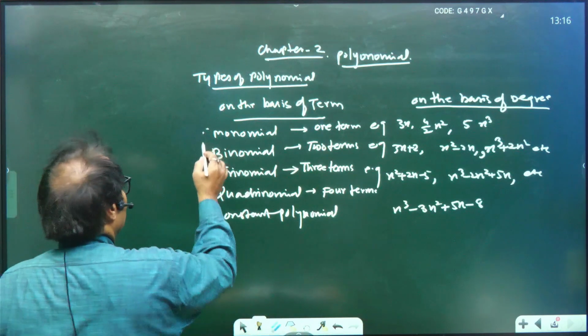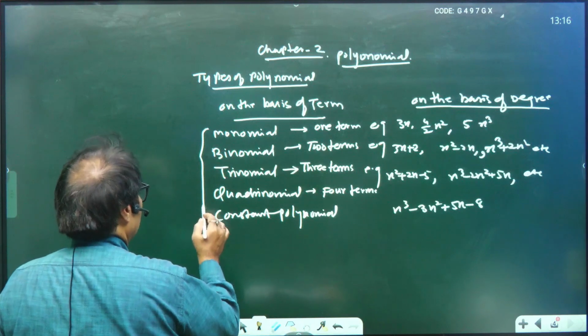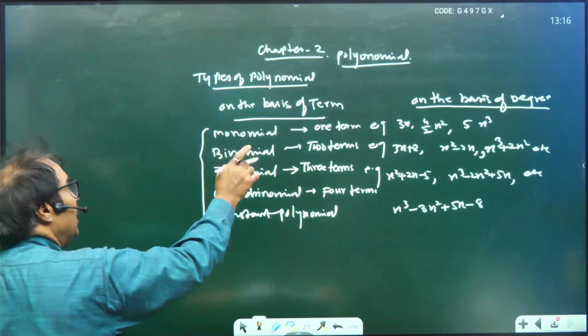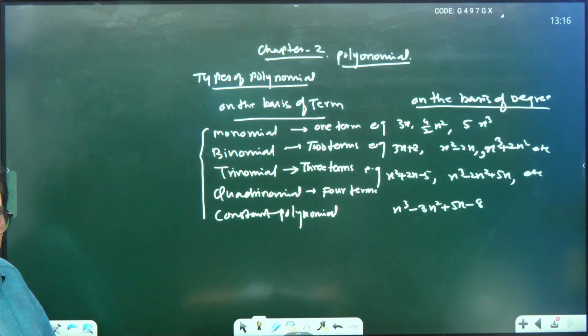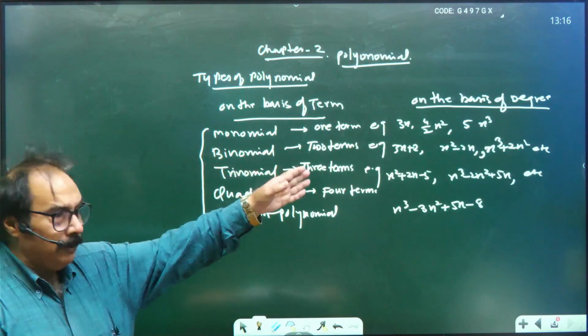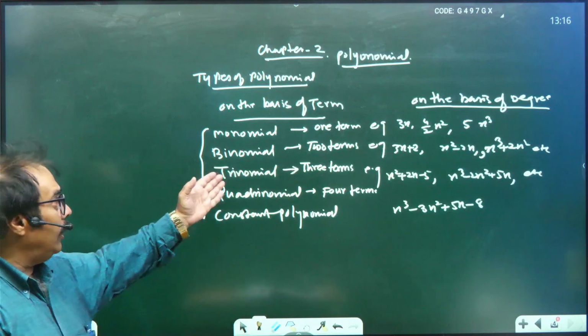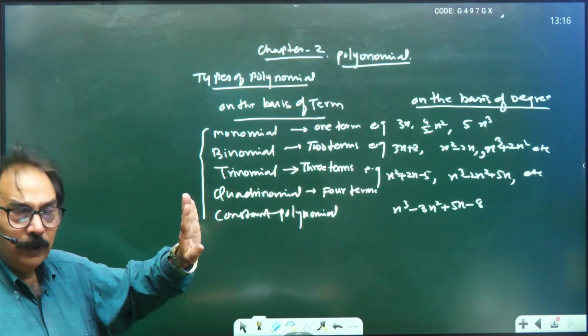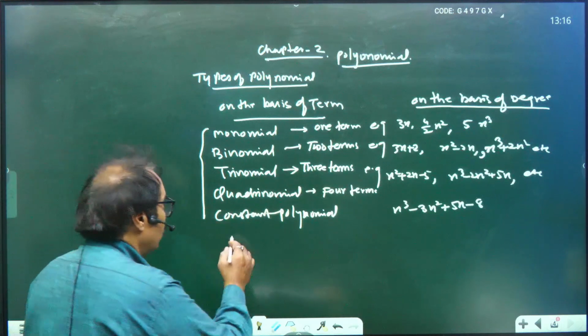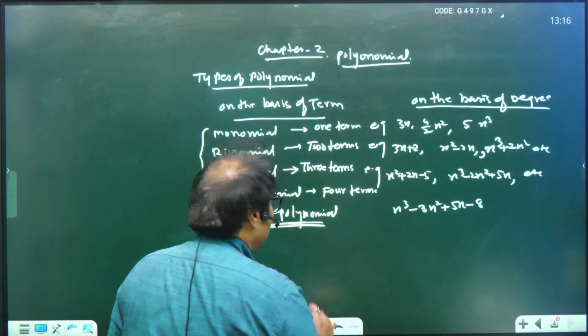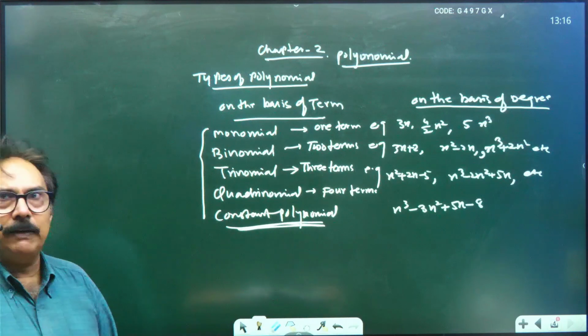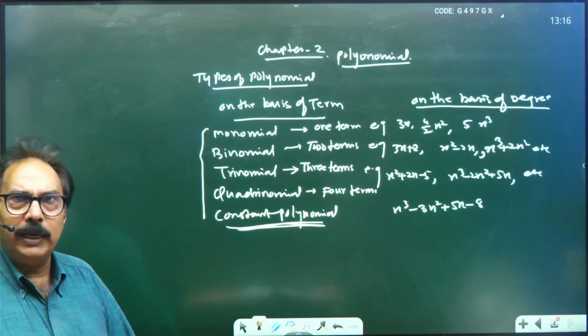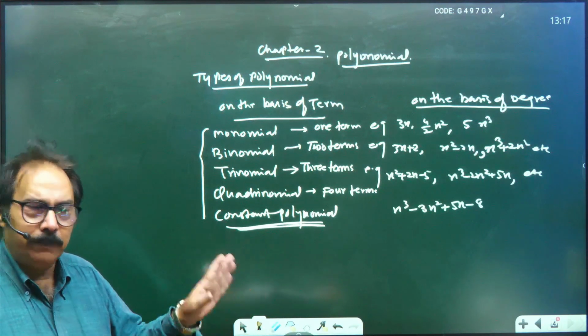So these are the classifications of polynomial. Monomial is also a polynomial because it is a type of polynomial. Binomial, trinomial, and quadrinomial are also types of polynomial. Now, a constant polynomial means an algebraic expression having no variable, only a constant number.